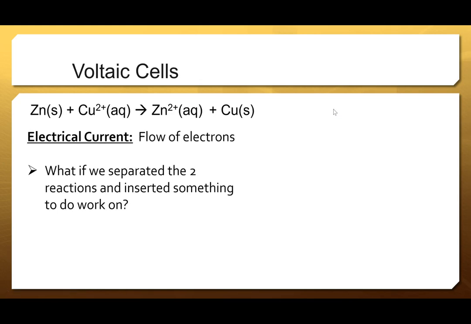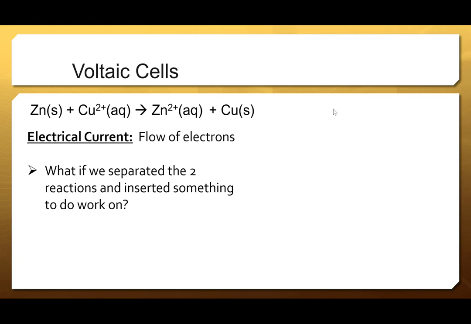Okay. Well, what if we separated these two reactions? Instead of one big reaction all happening in the same beaker, what if we took the two half reactions and put them into their own beakers? So a beaker with zinc and a beaker with copper.